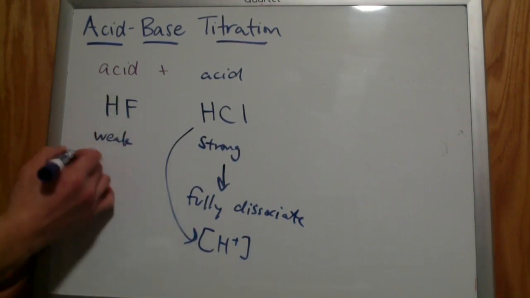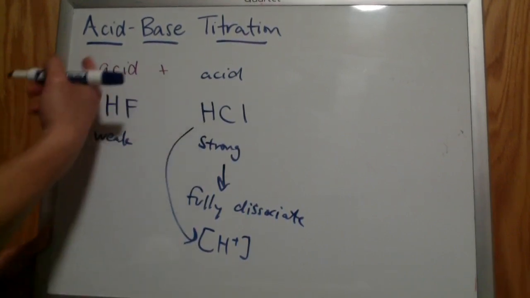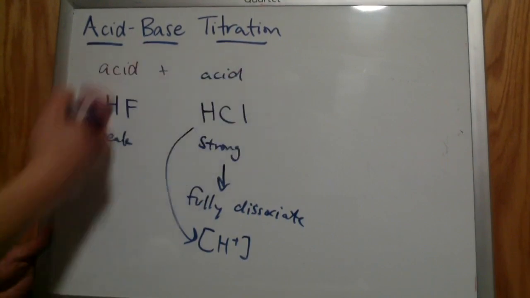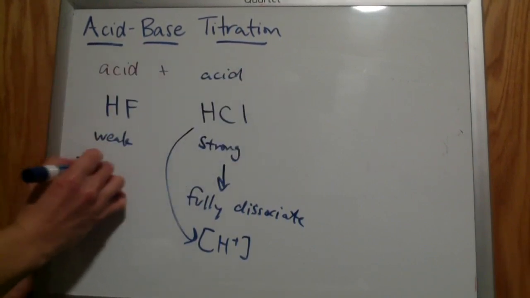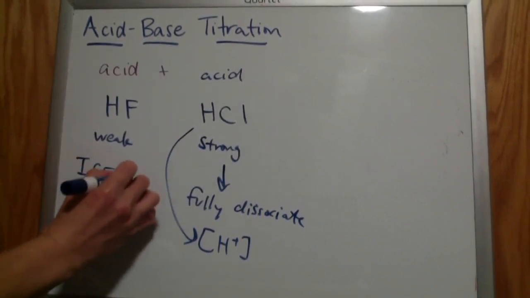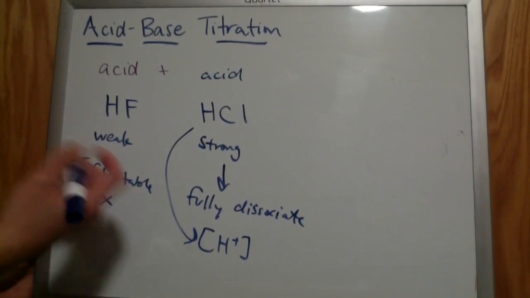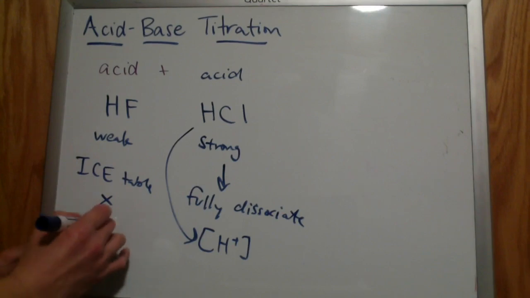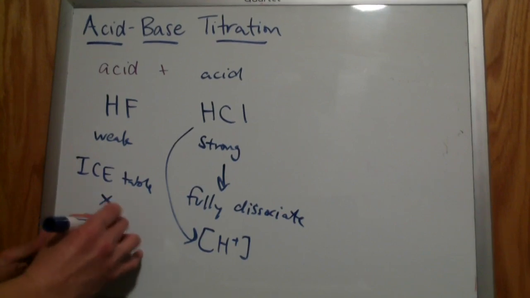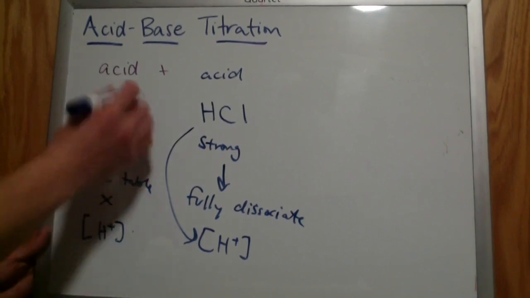Then for the weak acid, in order to figure out the pH of this whole solution, we would have to use an ice table and determine what X is, using the Ka value, and then figure out the H plus concentration of the HF.